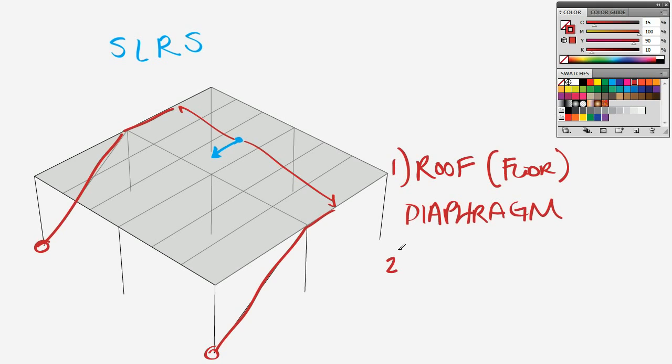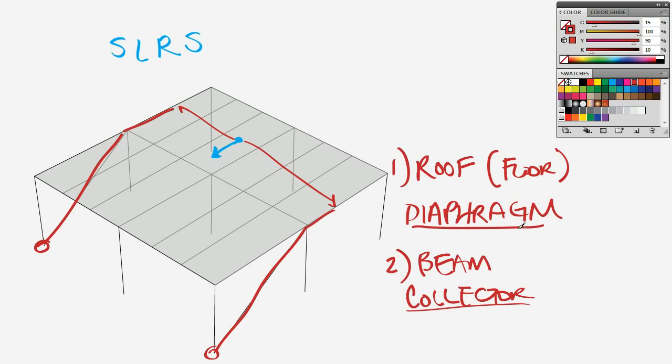The second element in this picture as I have it drawn is like a beam. But this beam is acting in a different way than beams usually act. Usually beams are carrying moments and shear. In this case, the beam is going to be transferring the load through axial force, and so we're going to call that beam a collector. These are acting as collectors.